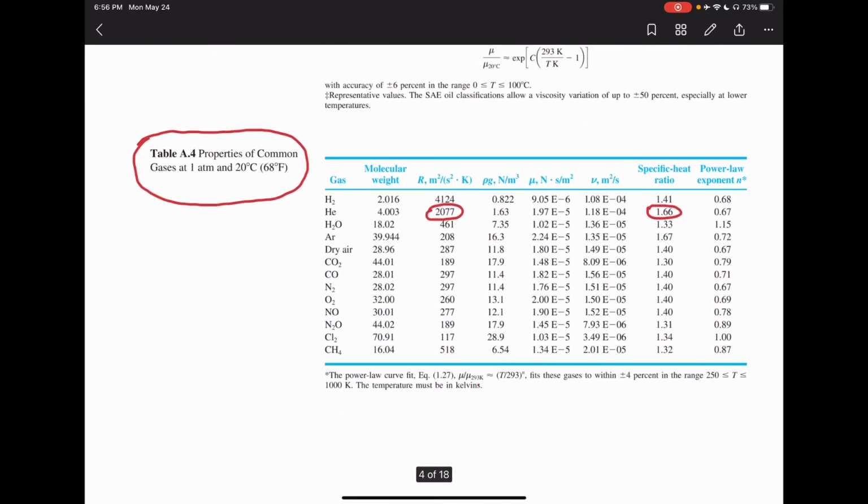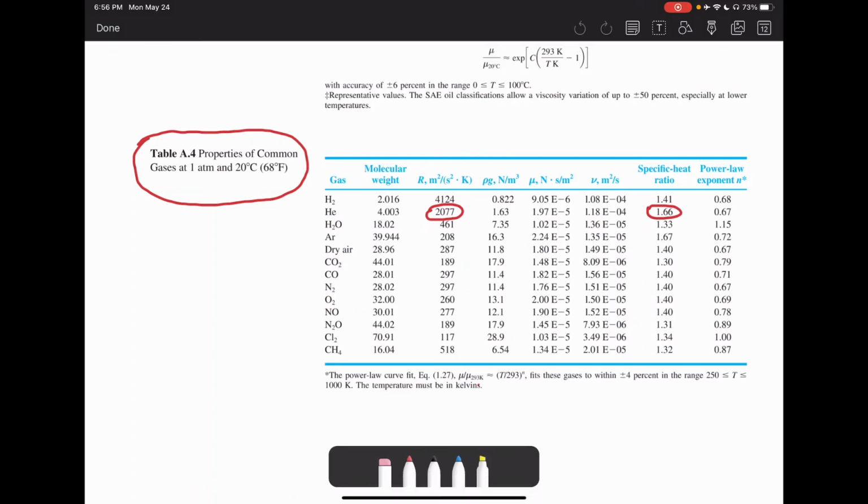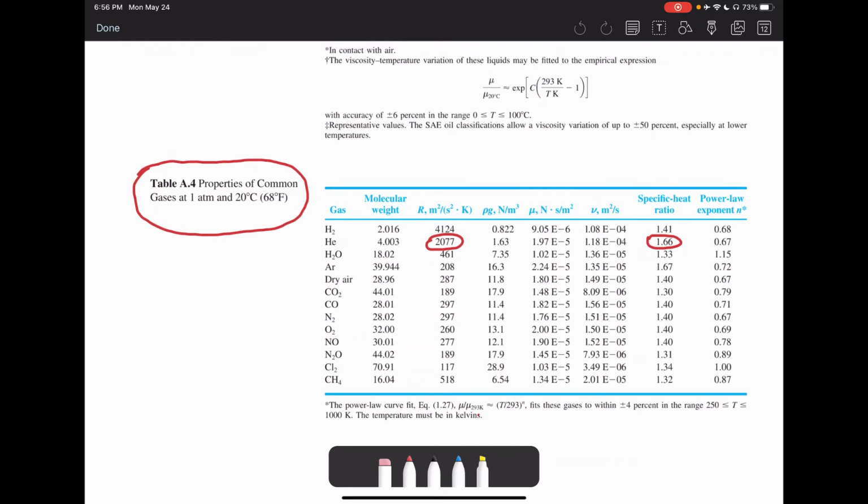So we're going to be using table A4. And for our air, we're going to be able to use this table to figure out what our viscosity is. And our viscosity is shown right here.